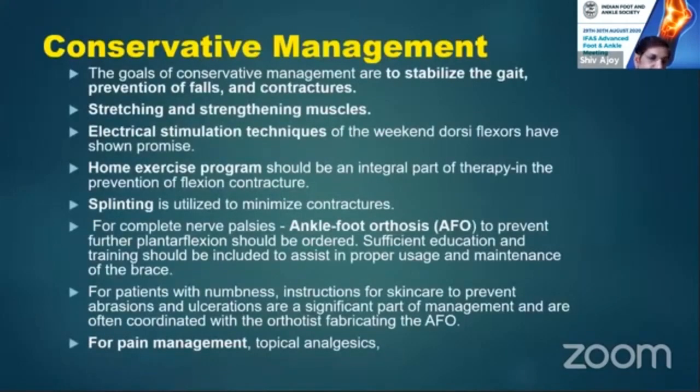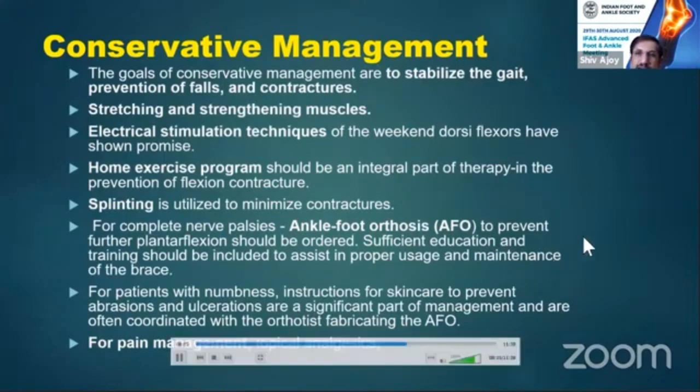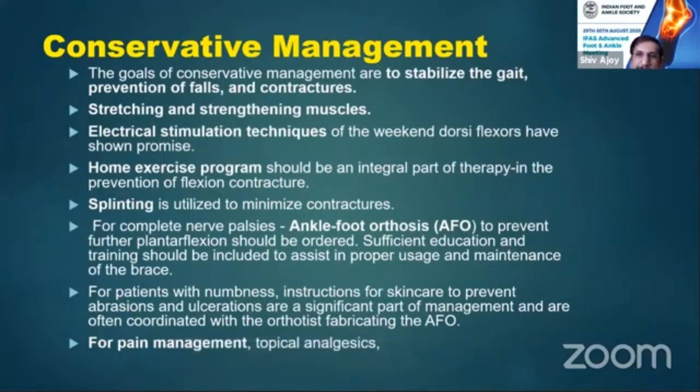So now we'll see what is included in the conservative management. The main goal of the conservative management is to stabilize the gait, to prevent falls during walking, and to prevent contractures. The electrical stimulation technique is also helpful to prevent contractures and to prevent falls while walking.